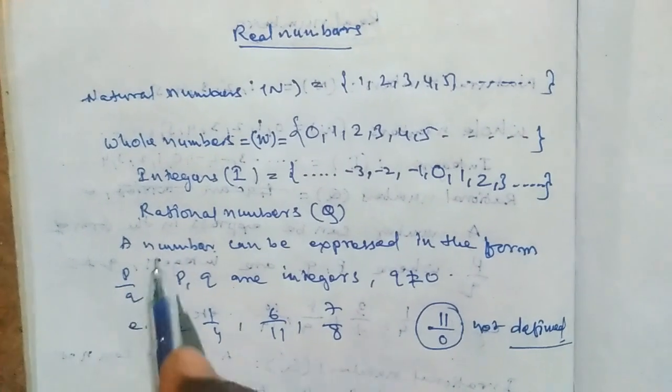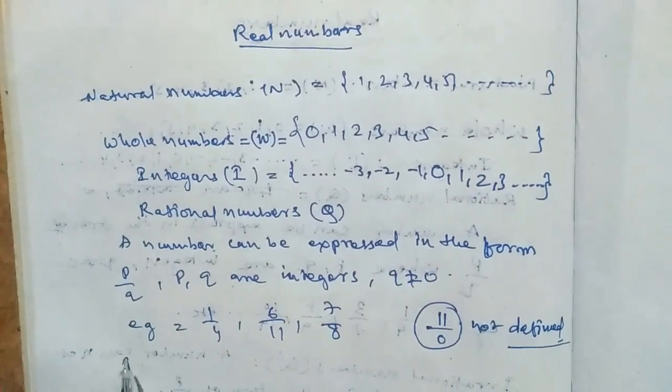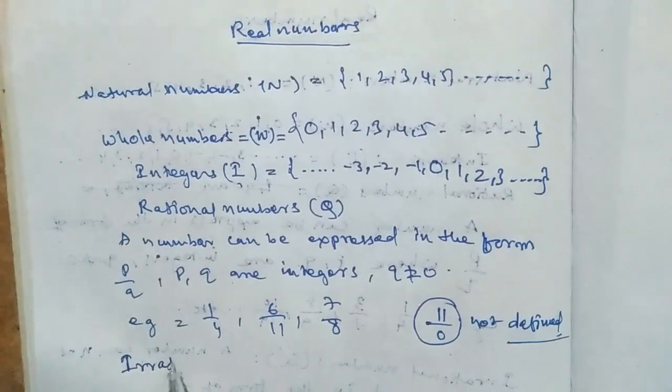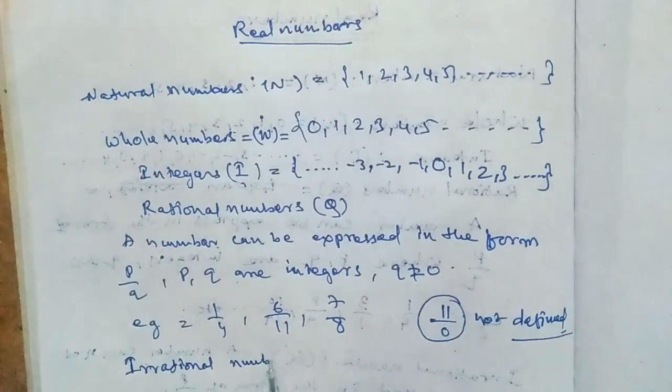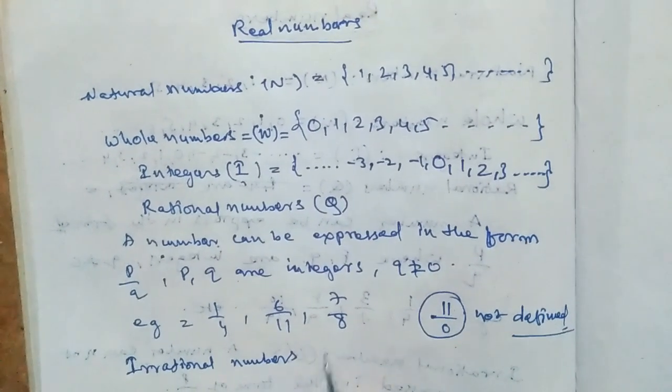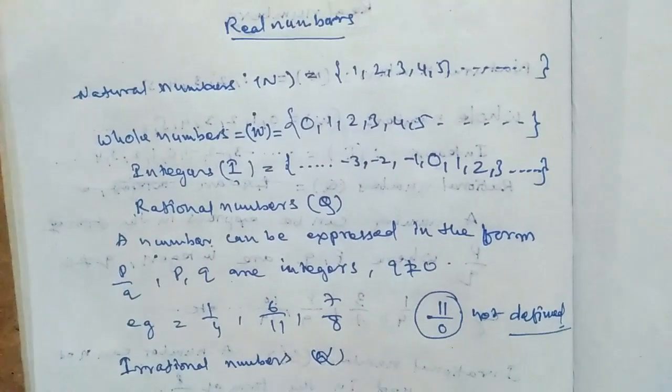Next numbers are irrational numbers, which is denoted by Q dash.